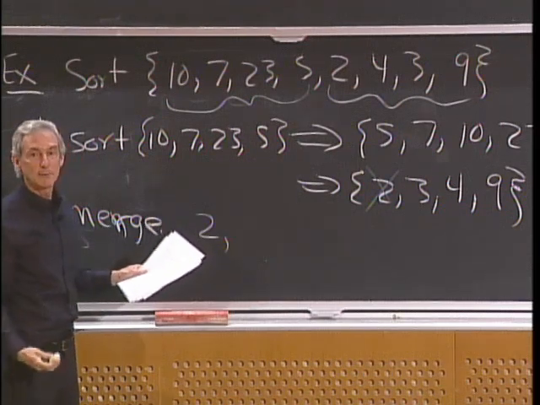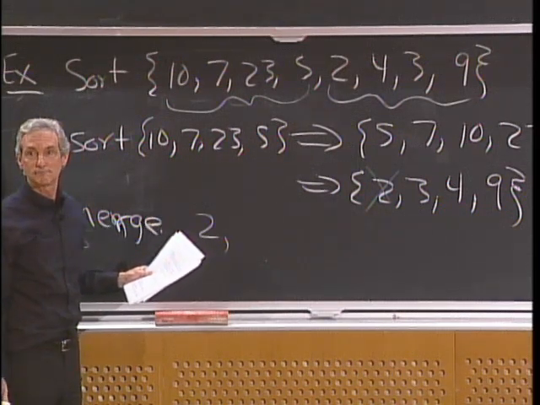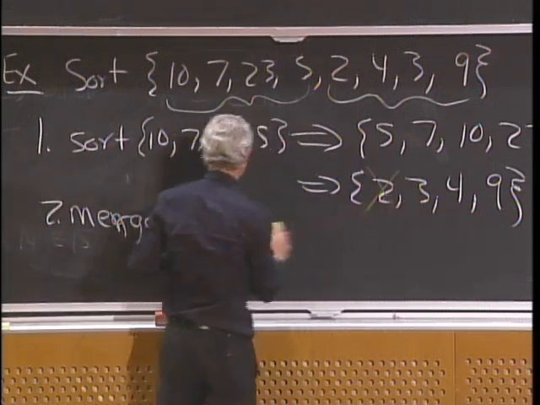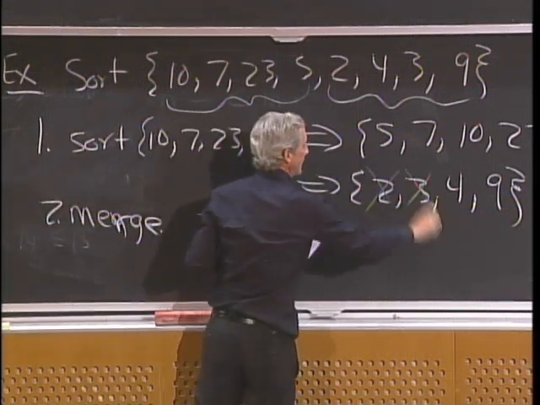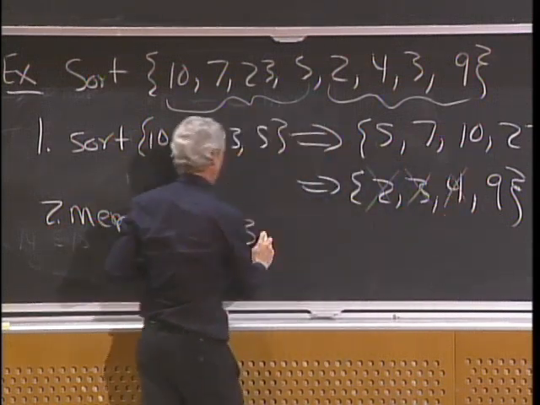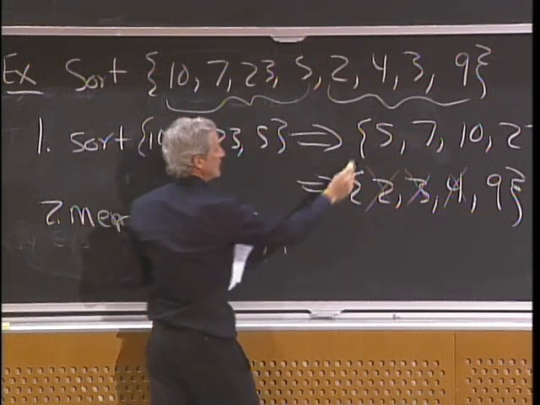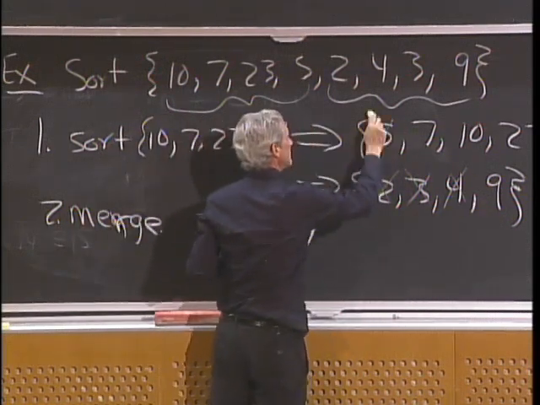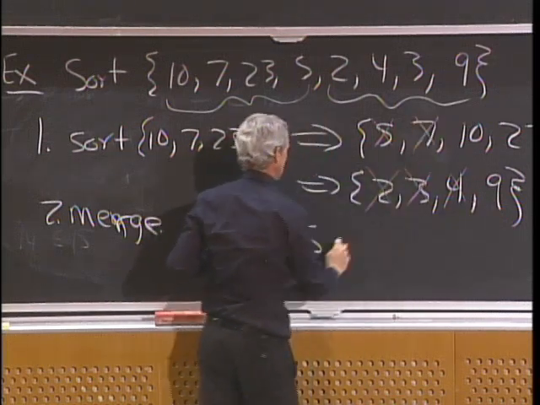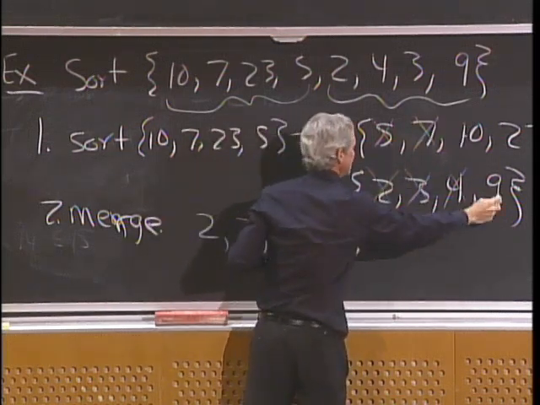What 2 items do I compare next to get the next smallest item? 5 and 3, the smallest remaining guys. I get 3, scratch that guy. Then I compare 5 and 4. Get 4, scratch him. Then 5 and 9. 5 is the smallest. 7 and 9: 7. 9 and 10.